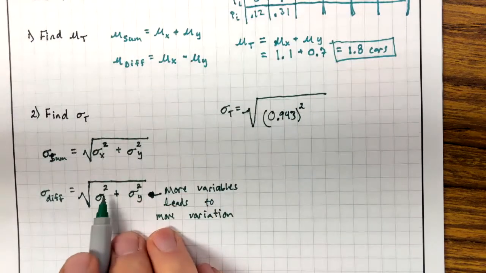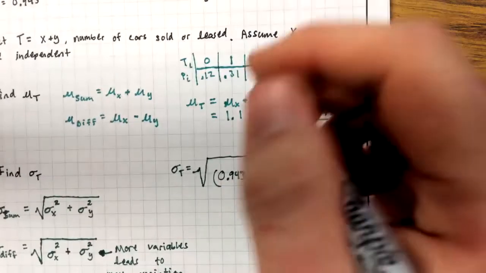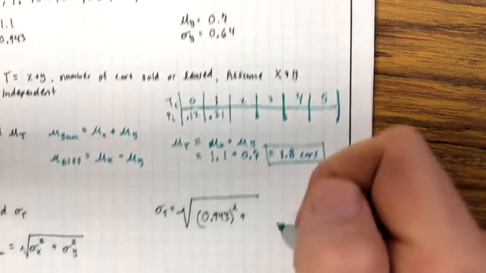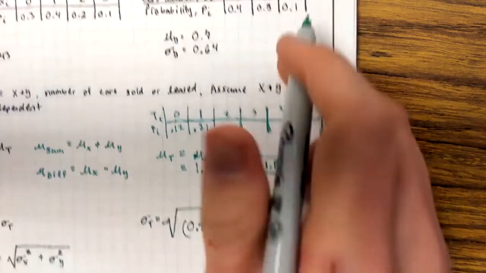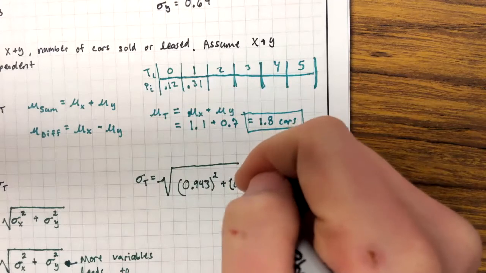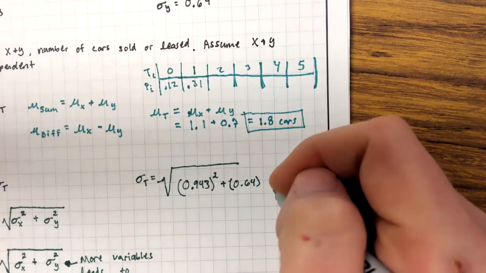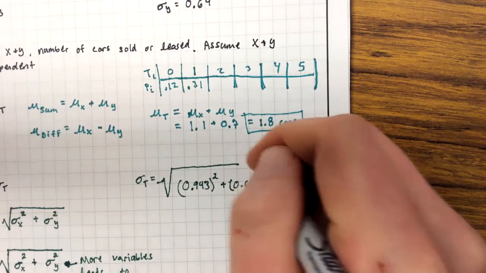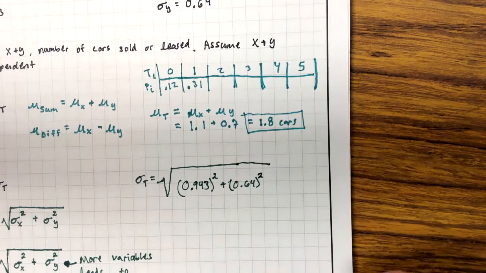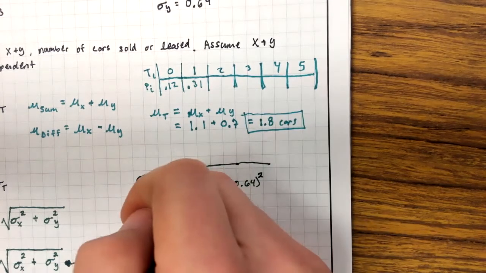Remember, variance is just a standard deviation squared. So I'll do the same thing for standard deviation for y. It gave us 0.64. Jot that number down real quick. And remember, I need to go to a variance, so I need to square that amount. Fantastic. That's a job for the calculator to do.